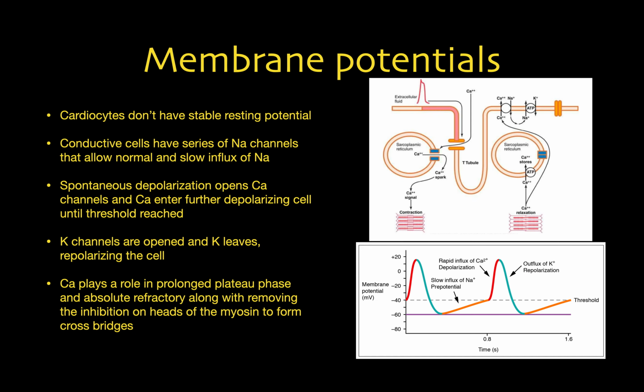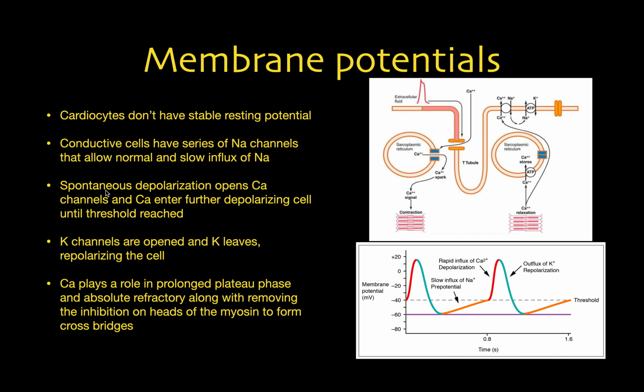Okay, so the cardiocytes don't have a stable resting potential. The conductive cells have a series of sodium channels that allow a normal and slow influx of sodium. The spontaneous depolarization, after the sodium has reached a certain level, will open the calcium channels, and then calcium will enter, further depolarizing the cell until the threshold has been reached.